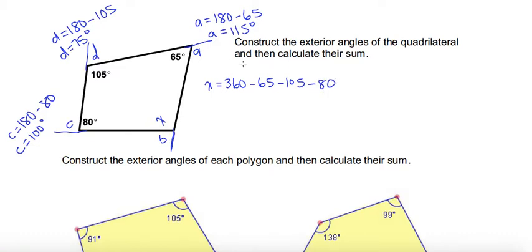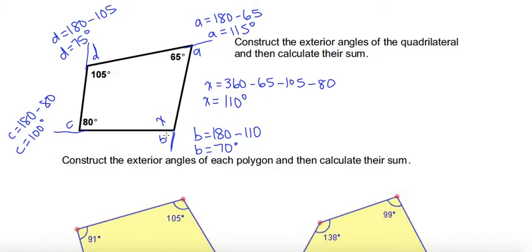I'm showing you a slightly different strategy than I showed you in the previous lesson, so you have a couple of different strategies under your belt. So I'm taking 360 and subtracting 65, subtracting 105, and subtracting 80, and that's going to give me 110 degrees. So now that I know what this interior angle is, I can solve for B. B is equal to 180, take away 110, so B is equal to 70 degrees.